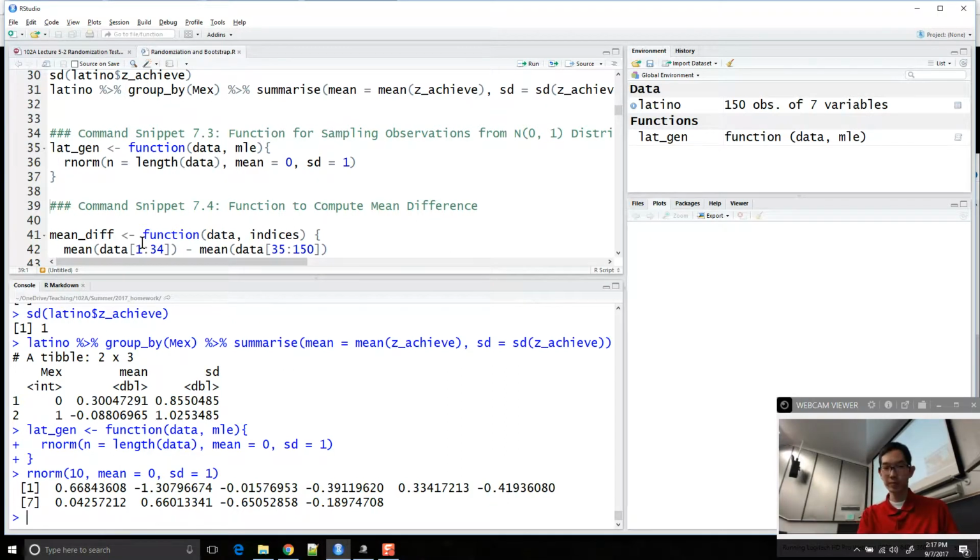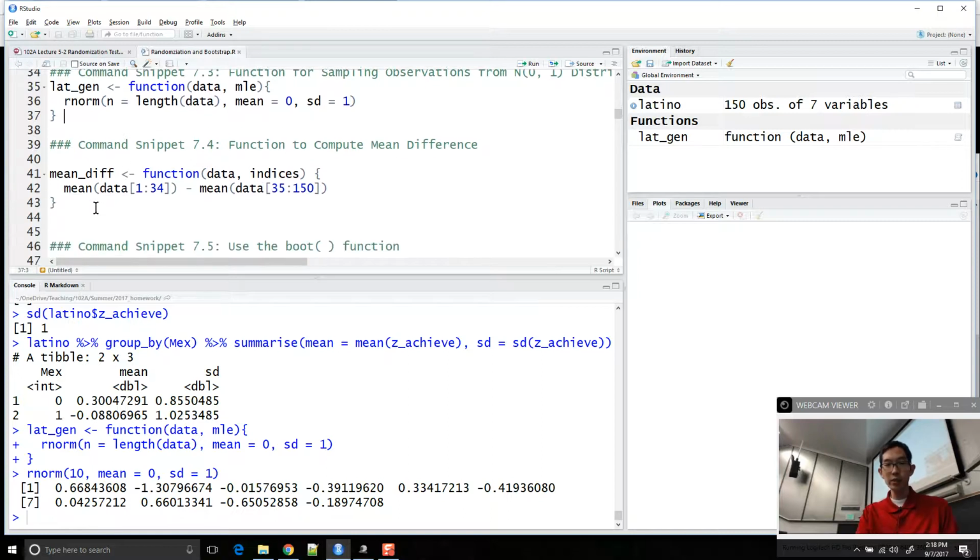And this generating function is just going to take the length of the data. So in this case, it's going to do 150 of them.